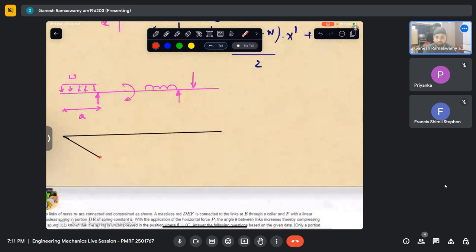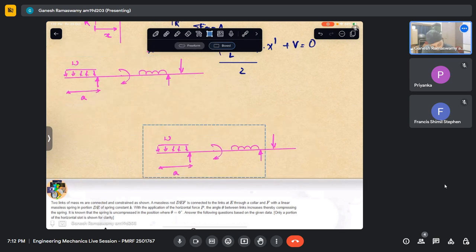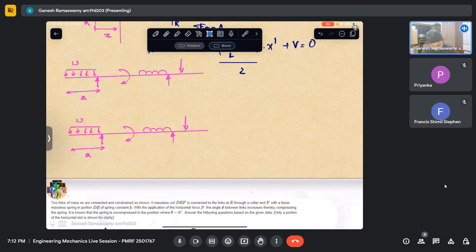Once I have done that, I will replace this system with another one. After reaching the reaction, I will no longer use this, but I will put a force like that, which will be WA, which is the area. And then I'll have a couple like that, which will be WA squared by 2. Then I can forget about this and go about doing my analysis like that, with equivalent force and couples. Actually, that is what you do.